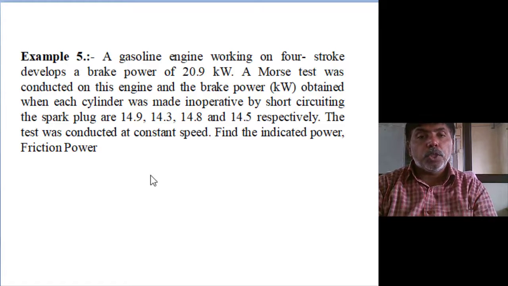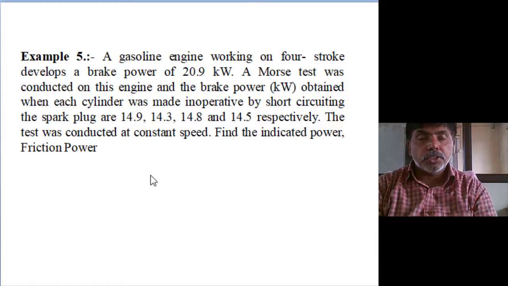A Morse test was conducted on this engine, and the brake power obtained when each cylinder was made inoperative by short circuiting the spark plug.